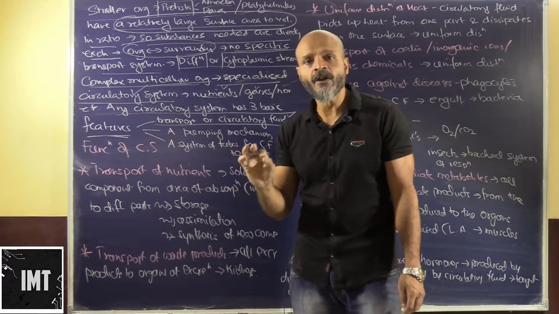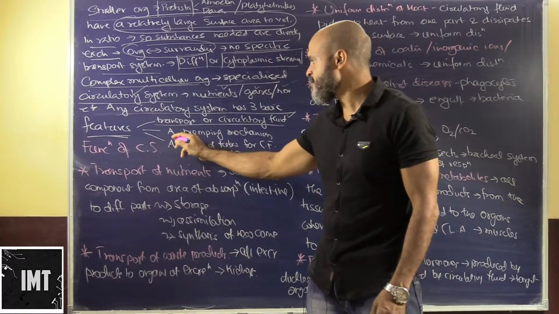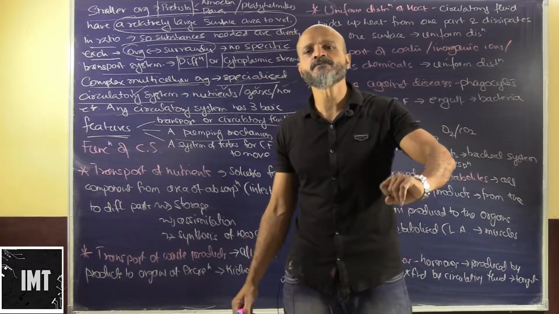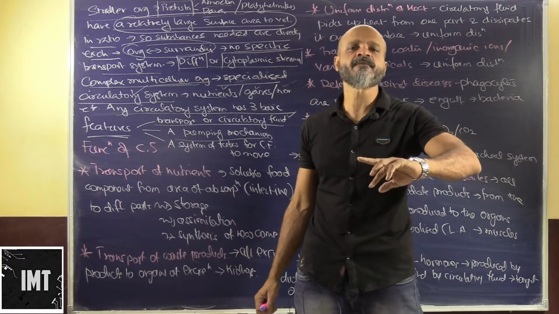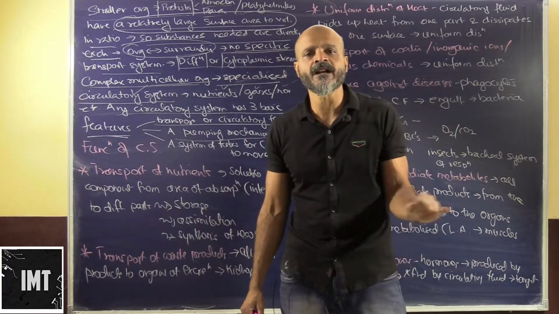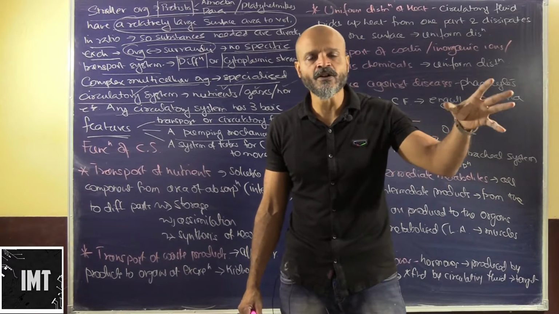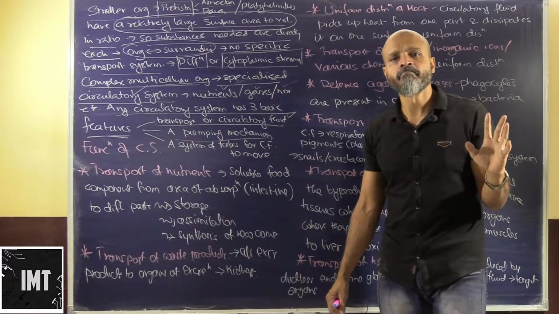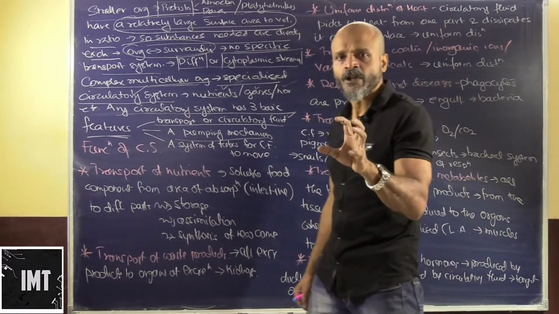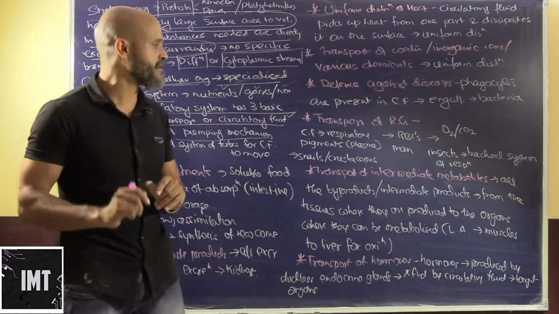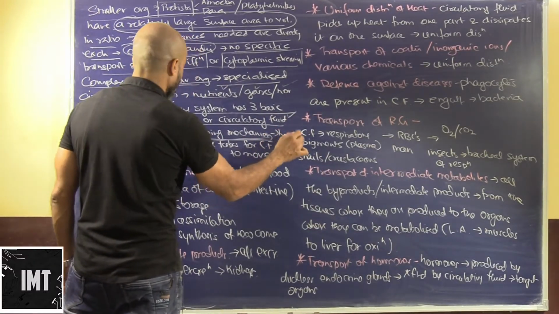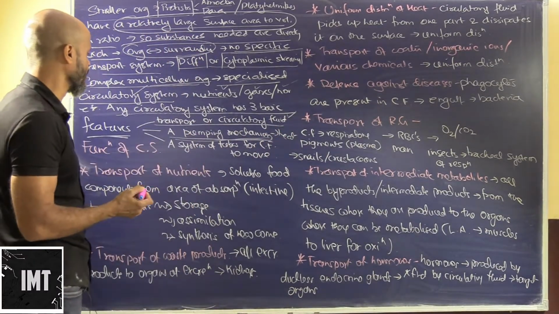We all need a heart, because the site where nutrients are absorbed and the site where exchange of gases takes place are far away from the cells and tissues in different parts of the body. So we need a pumping mechanism to ensure that this distance is covered, which is the heart.